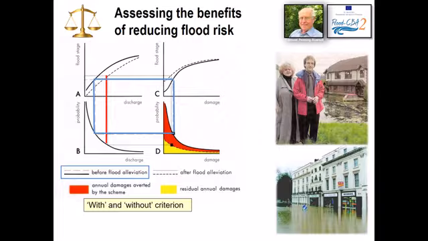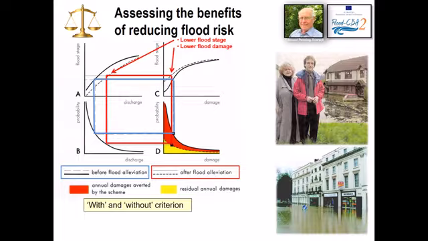And what we've differentiated here between the orange area, which can be mitigated by a number of interventions that we could plan, and the yellow area, which is left as residual annual damages, those losses from flooding that you can't prevent, perhaps because the flooding is even more severe than you anticipate and defences get overtopped. This diagram is important to understand, and you may need to look at it several times.